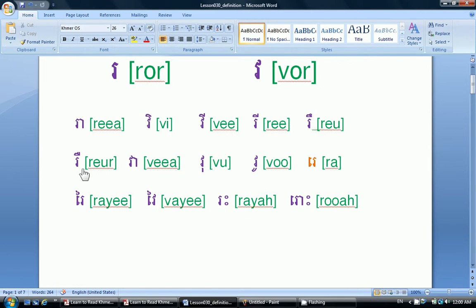Vo, sra changes the sound to sra, so vo via. Vo, sra changes the sound to sra, so vo vu.